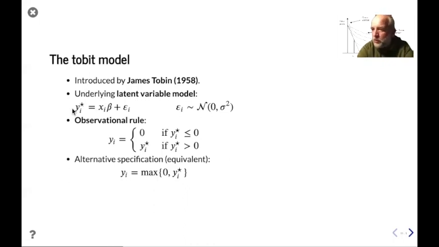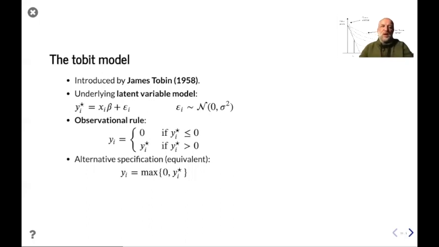Think about the top coding of wealth example: we observe basically not y star, but the minimum of y star and some top cutoff. Or it could be the other way, that at the bottom there was a truncation or some other point.